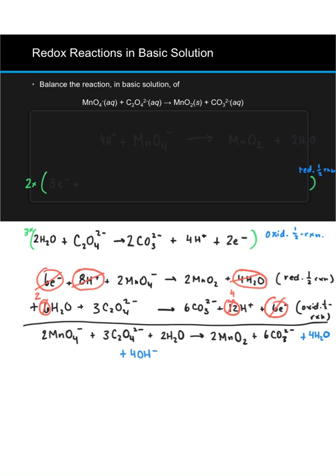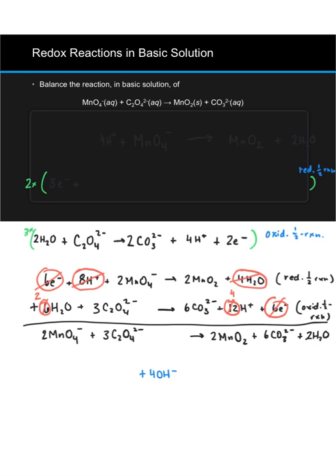Now we have 2 H2Os on the left-hand side, 4 on the right-hand side. I can simplify this equation down by subtracting the 2 H2Os from both sides. When we do this, we're left with just 2 H2Os on the right-hand side.